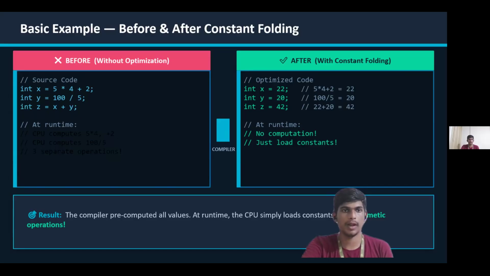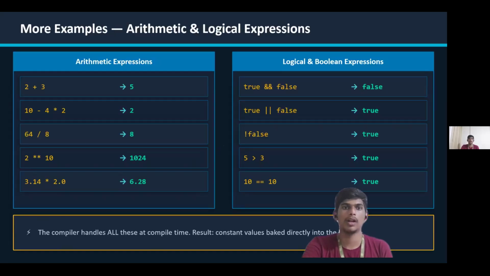So these are some examples. The compiler pre-computes all the values, and the CPU simply loads the constant result, so that it won't have to perform any arithmetic operations, spending time at runtime.